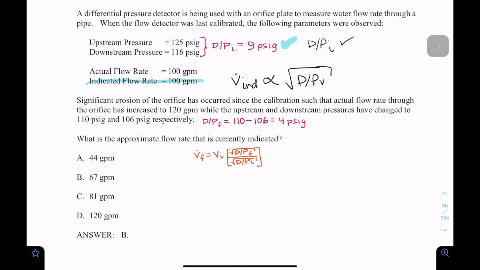If you read that, you might get a little confused, because you might think I'm given the final volumetric flow and this pressure change, but this is not the indicated flow rate. This is the actual flow rate. So we need to calculate the indicated flow rate, right?